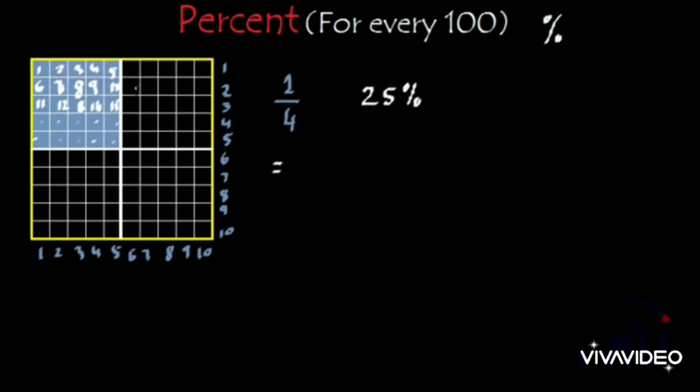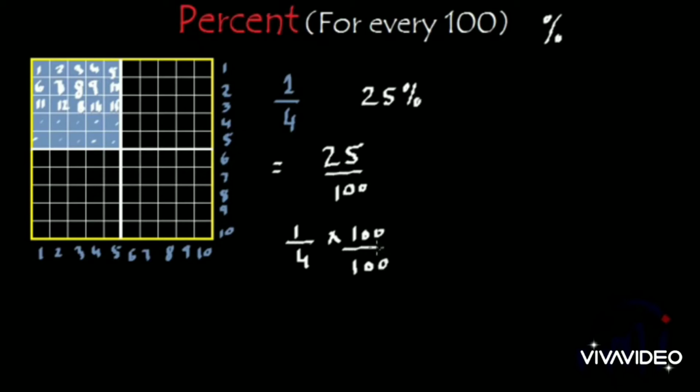It can also be denoted like this: 25 upon 100. It also means that 25% of the chocolate is being consumed out of the 100 parts.